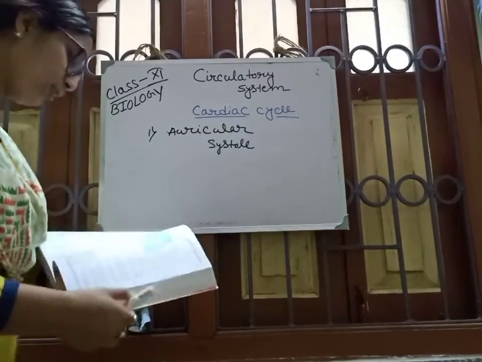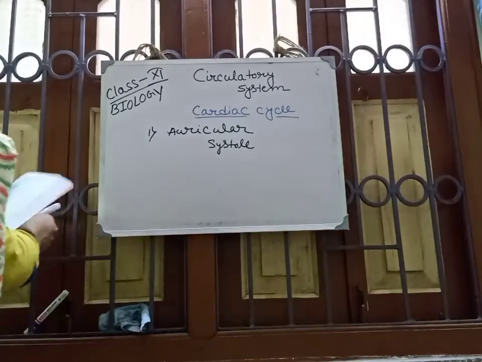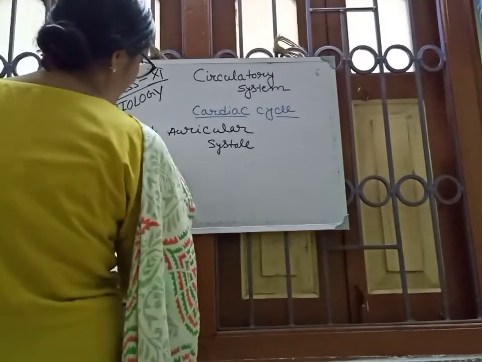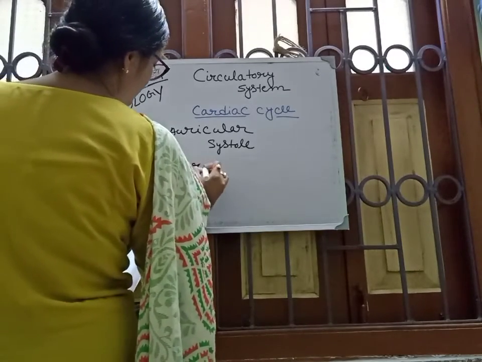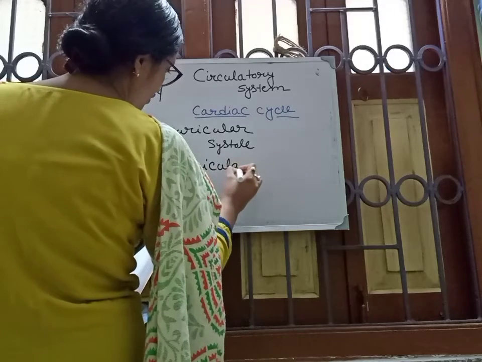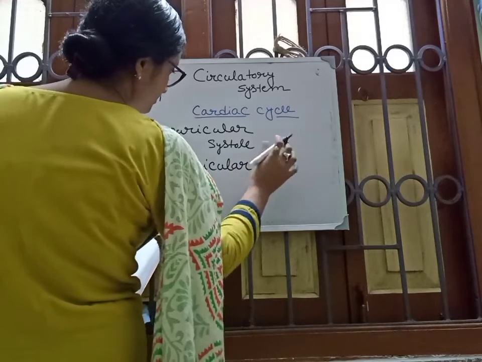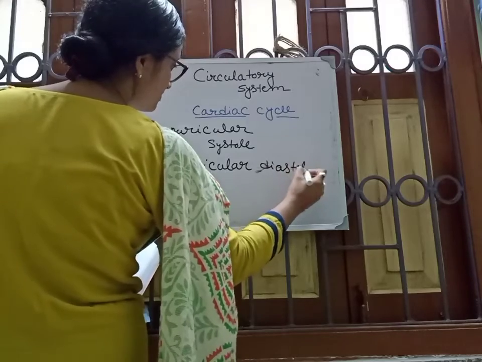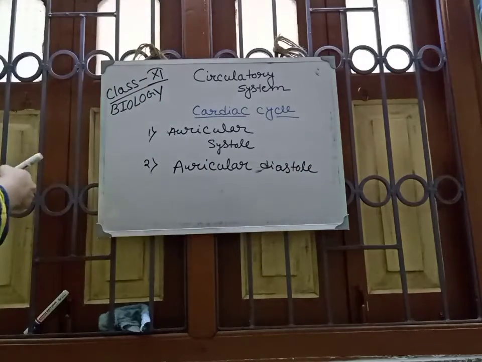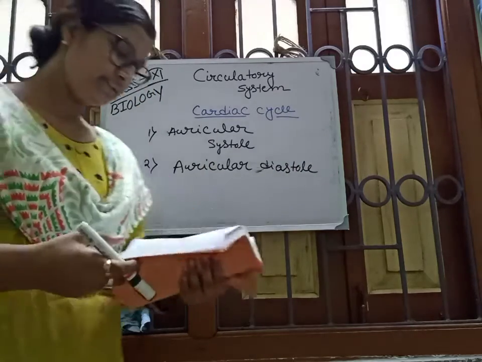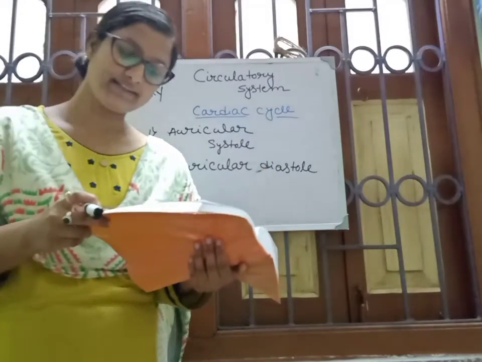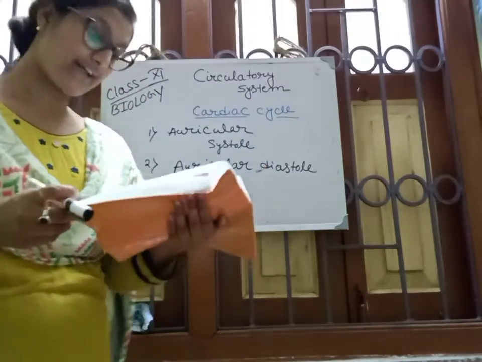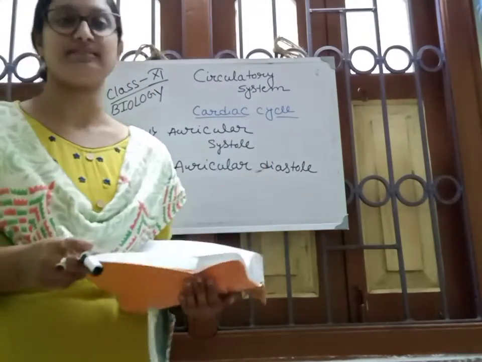The second one is the auricular diastole. What happens in the auricular diastole? At the end of the atrial systole, the two auricles return to diastole and start relaxation.